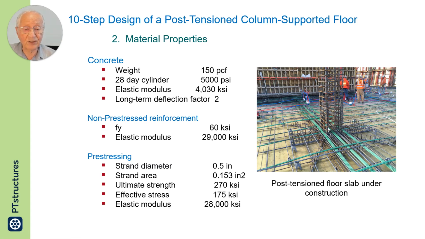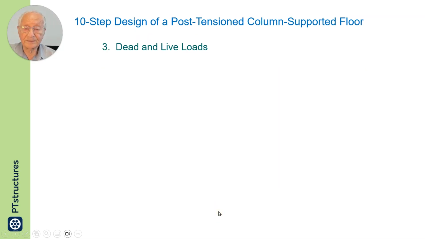That is the strength of the common strand. And this effective strength, 175 ksi, we are not going to do a friction loss calculation because there will be at stressing some loss due to friction and the long-term effects. The effective residual stress is 175 ksi, and the modulus of elasticity, this is the number.